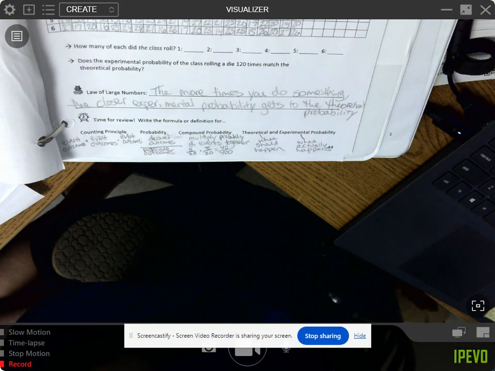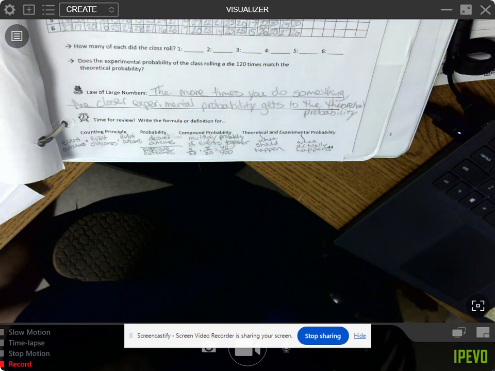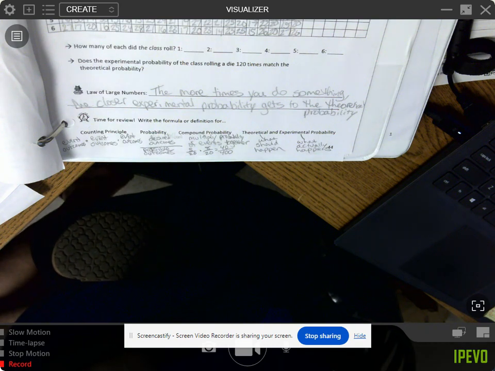Is the probability in favor of the casino or the customer? The casino. So if you go in and you get lucky and you win, and you're like, oh, I'm going to keep playing, I'm on a winning streak, the more times you play, what's going to happen? The more you're going to lose. So always think about that with casinos.